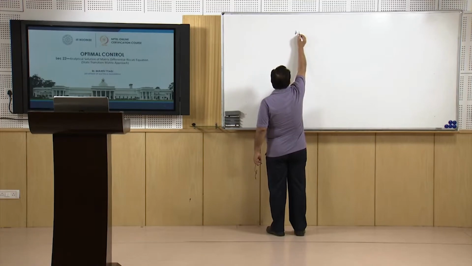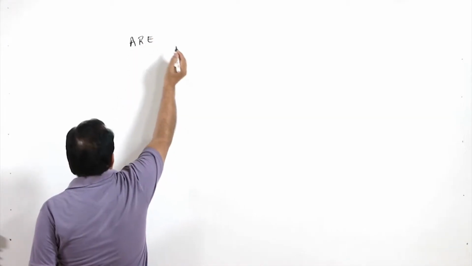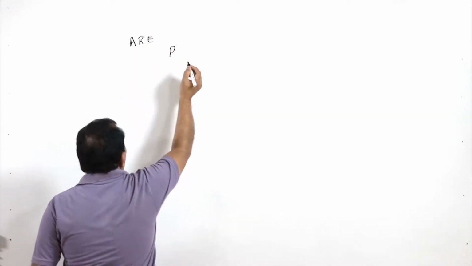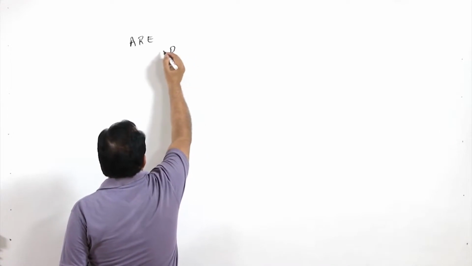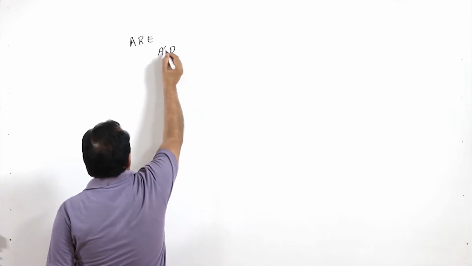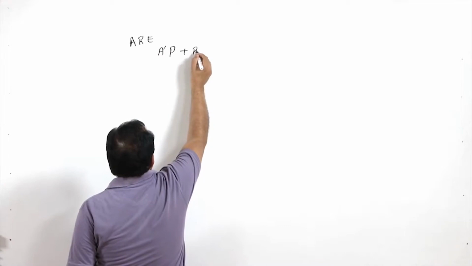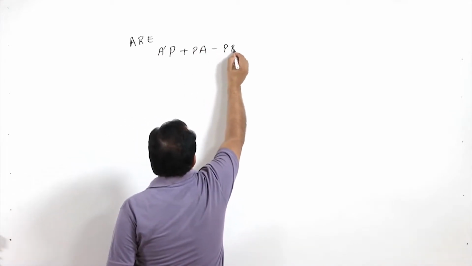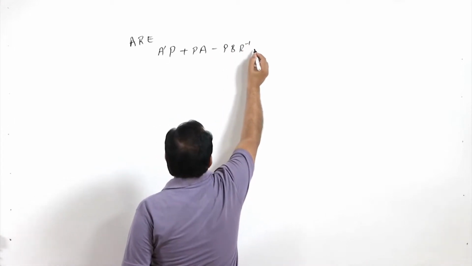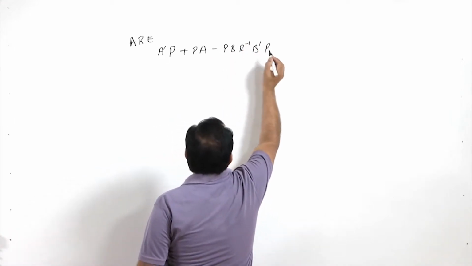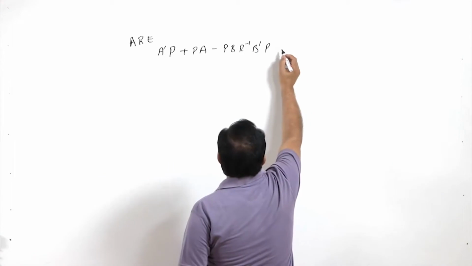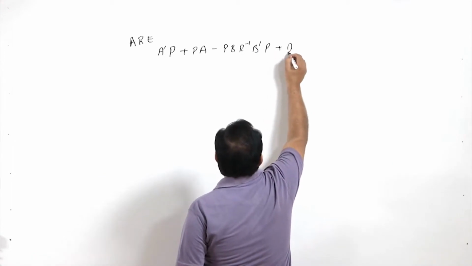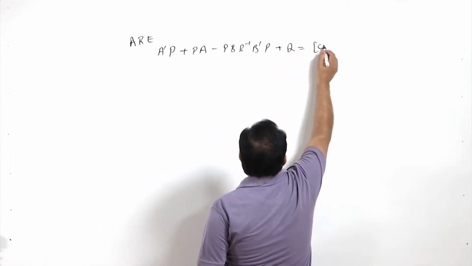my algebraic Riccati equation is A transpose P plus PA minus PB R inverse B prime P plus Q equal to 0.